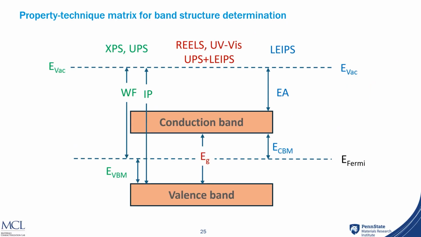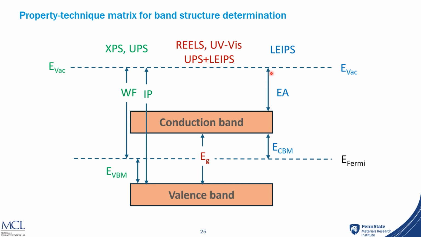So collectively, the information and the measurements that we use to map out this band structure information is shown here. In green, we can get the work function, the ionization potential, and the valence band maximum using some combination of XPS and/or UPS. LIPS we can use to measure the conduction band minimum, vacuum level, and the electron affinity.